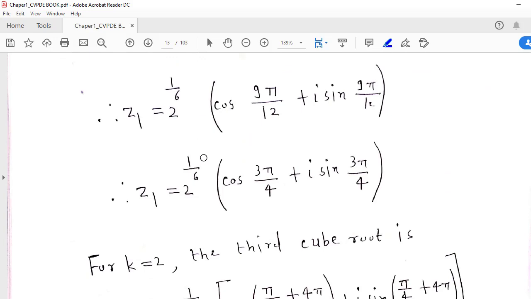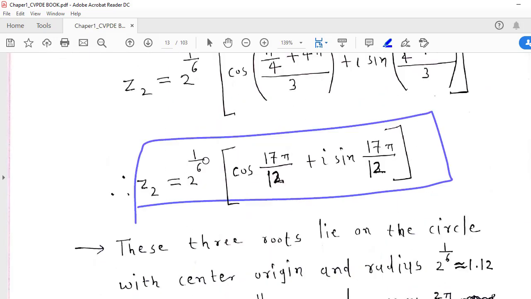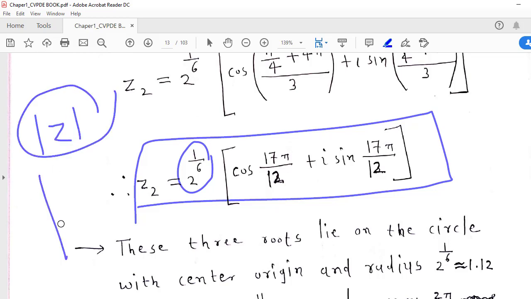Similarly, the modulus of z1 is 2 raised to 1 by 6 and the modulus of z2 is also 2 raised to 1 by 6. Now what is the meaning of the modulus of any complex number z? The modulus of any complex number z is nothing but the distance of this complex number from the origin.